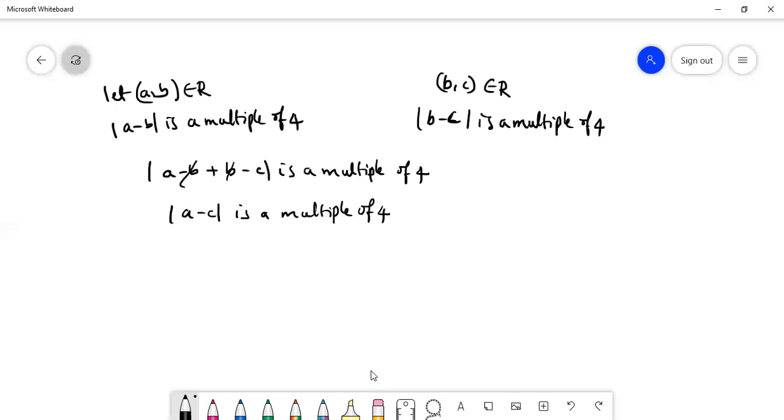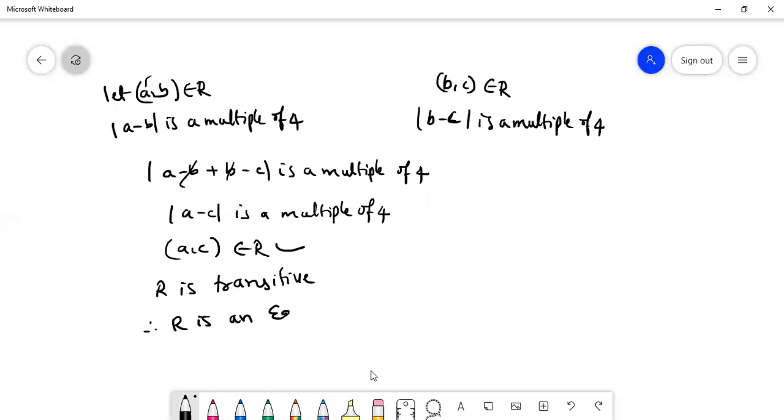Then −b and +b get cancelled, so |a − c| is a multiple of 4. That means (a, c) belongs to R. Since (a, b) and (b, c) belong to R imply (a, c) belongs to R, R is transitive. R is reflexive, symmetric, and transitive. Therefore, R is an equivalence relation.